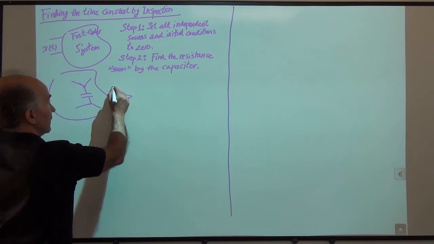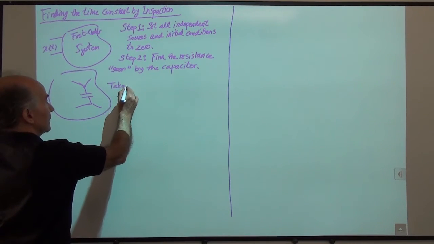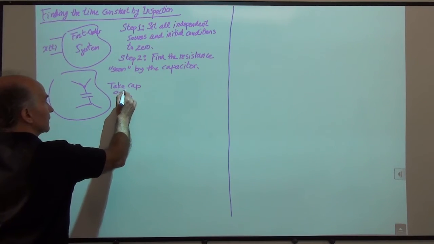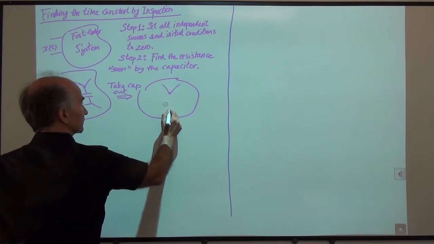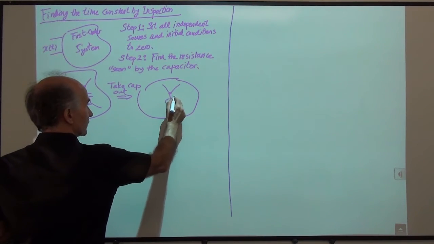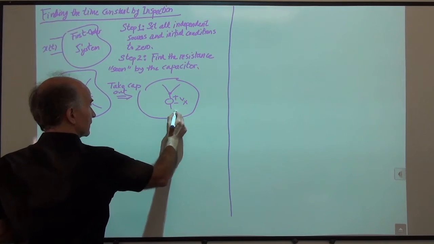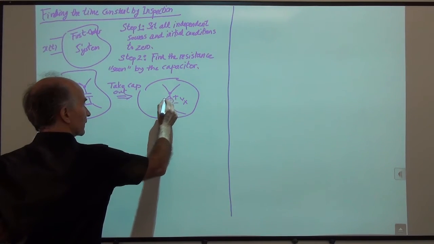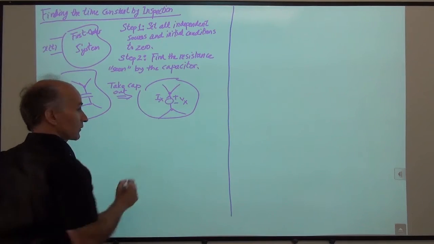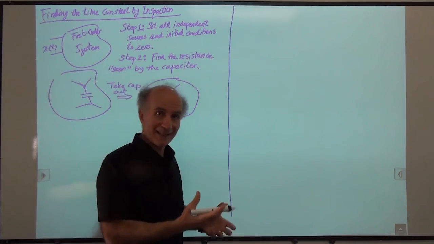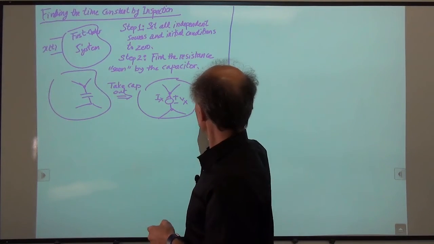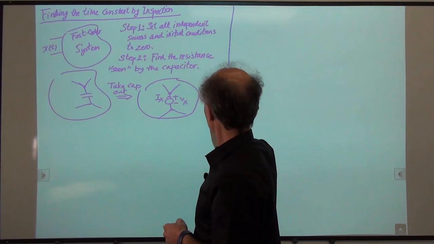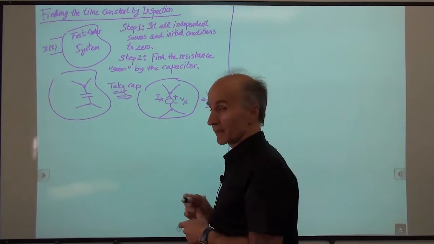So you take the cap out and do this. Place a voltage source here or a current source, Vx, and measure this current Ix, and Vx over Ix is the equivalent resistance that the capacitor sees. So Vx over Ix is equal to Req, the equivalent resistance.